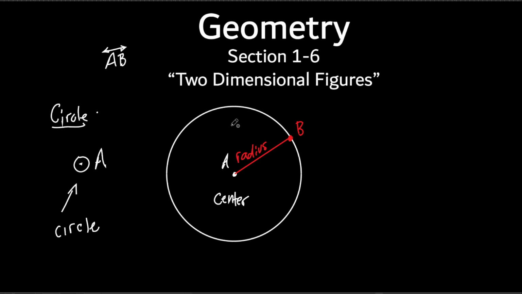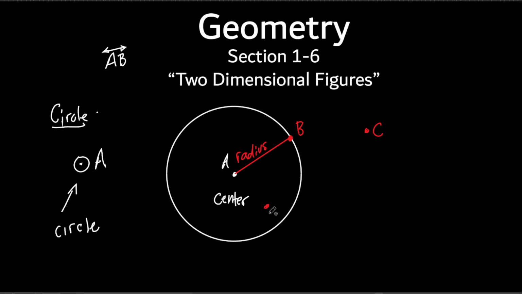I didn't want it like that because I wanted you to see the circle is just the outside part of it, okay? It's this part right here. That's the actual circle. But we got points in the circle, and we got points outside the circle. A point inside the circle, we would say it's in the interior of the circle.